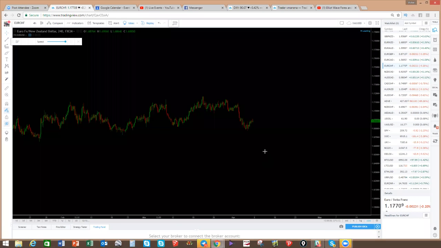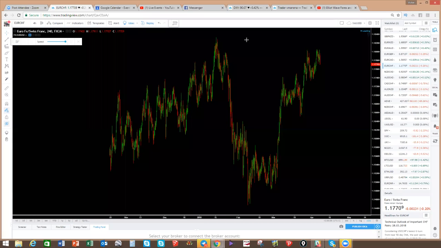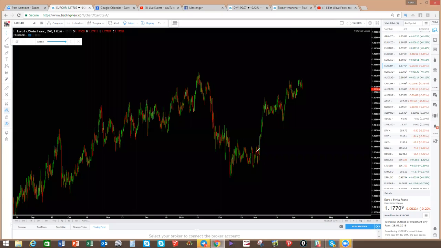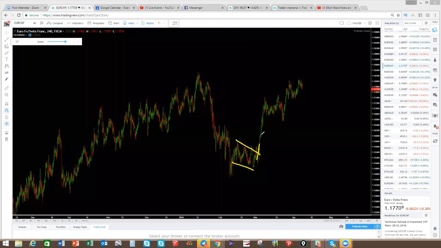EURCHF, exactly the same thing I said about the CHF pairs. EURCHF, 2-3 weeks ago, I said buy it here for a move at least here. I said buy and hold because this can go back and retest the top.